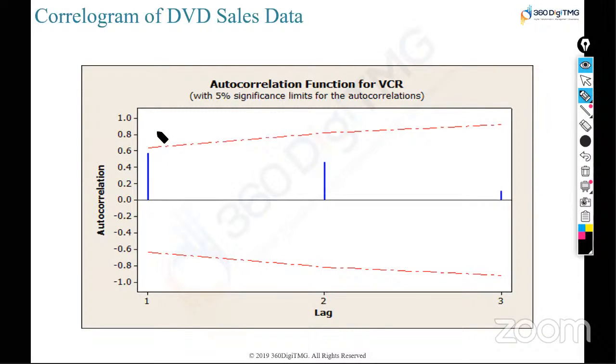The confidence interval is something like this. Is it making sense?